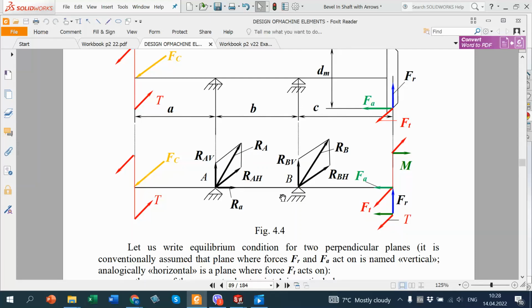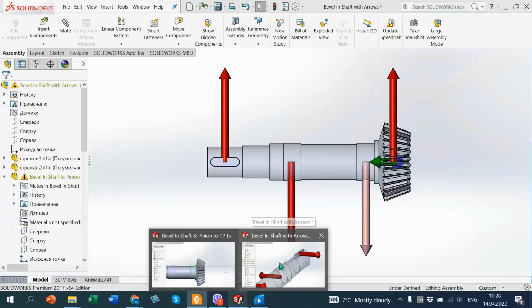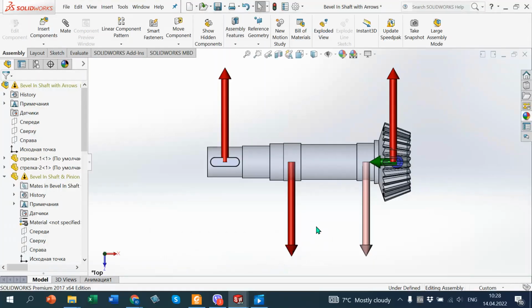In such case, we can solve this equilibrium condition for vertical plane and horizontal one, and the same forces in vertical.